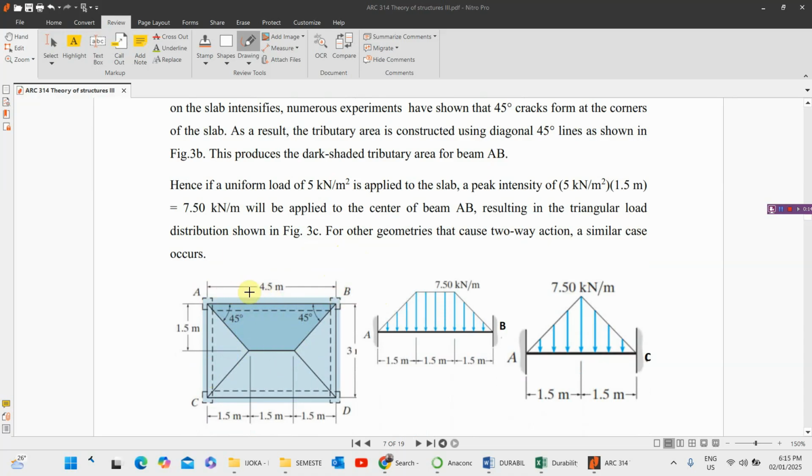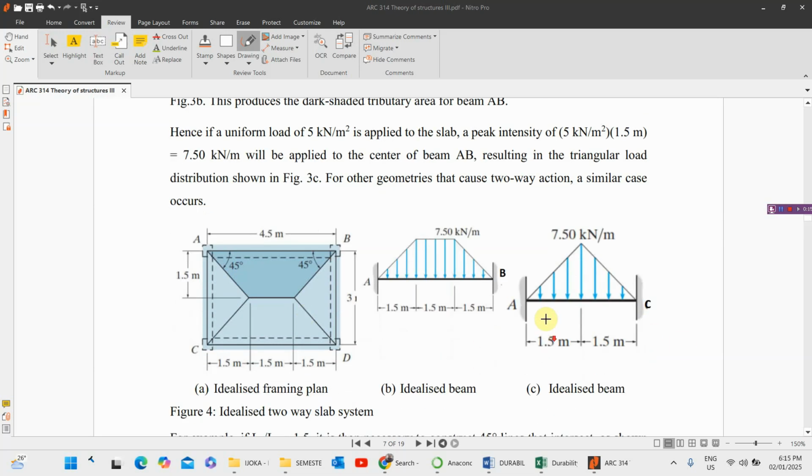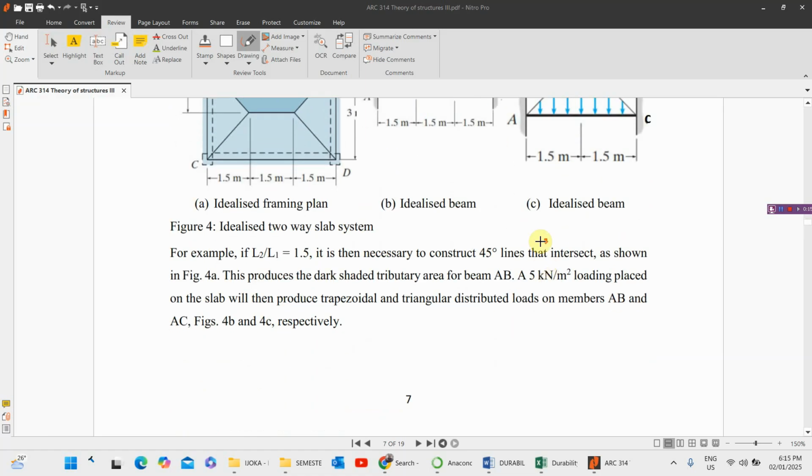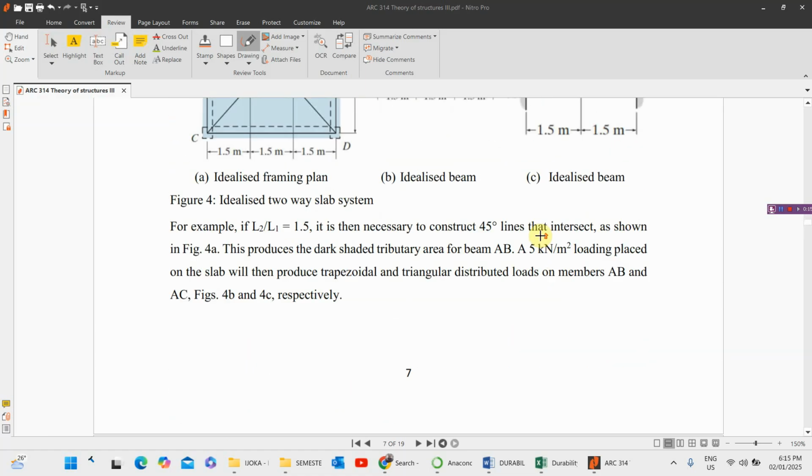We just look at 5 kilonewton times 1.5, we have 7.5. That's the UDL at this center here. Then we distribute this way. But for this particular point BD or AC, we have it in this form. So you can see the way it is, and we can do a calculation for each support to know what we have there. So I believe that is clear enough.